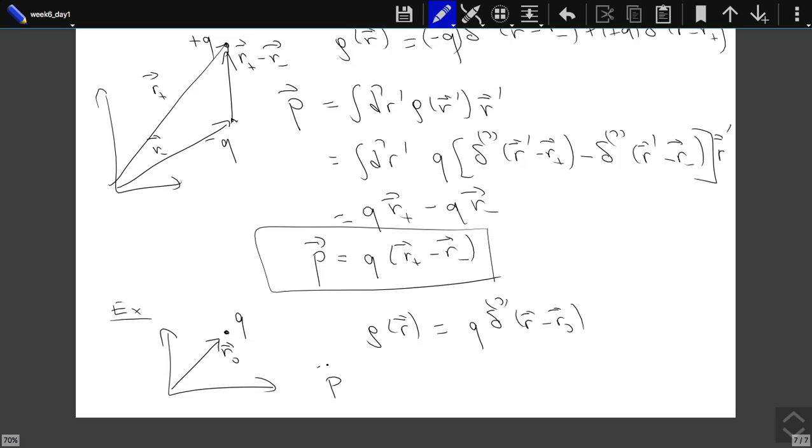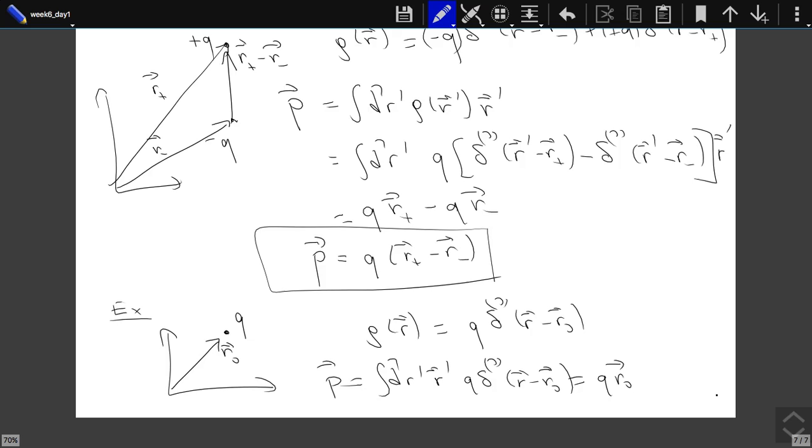So let's calculate the dipole moment: q times the 3-dimensional Dirac delta, r minus r0. But this is equal to q times r0. It's not 0. Which is kind of not nice, but nevertheless, it's non-zero.